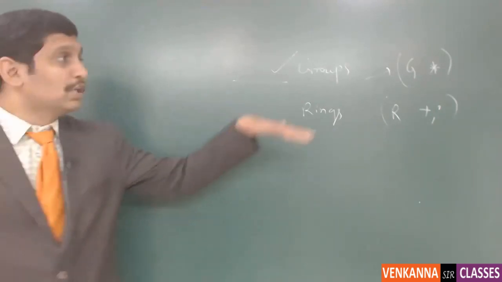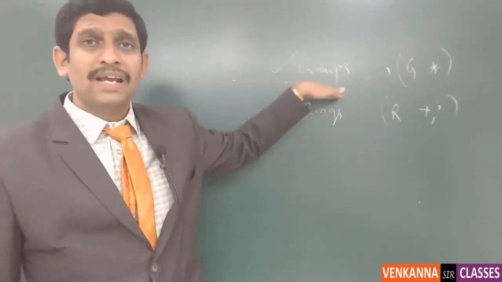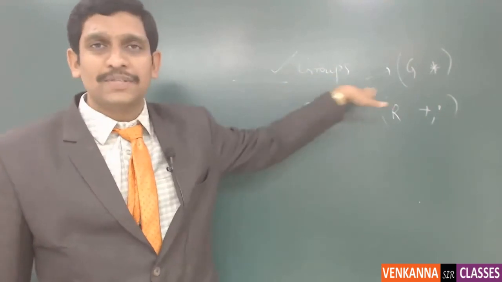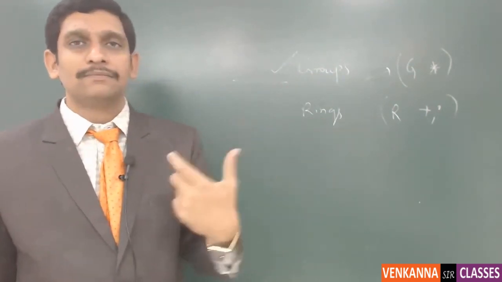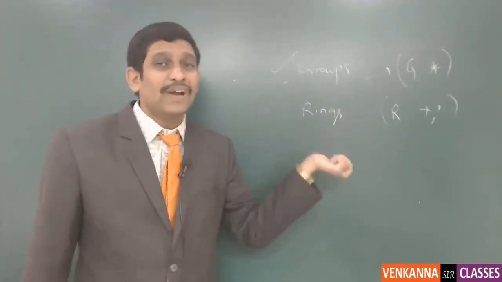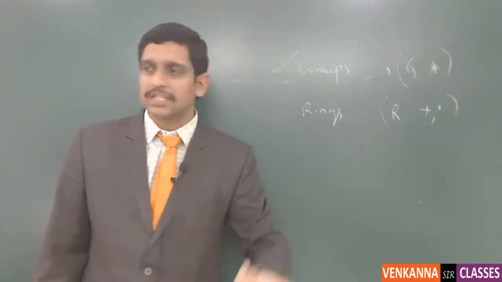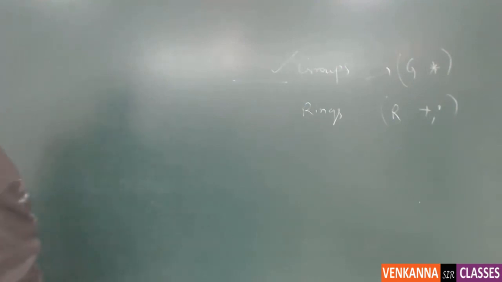Initially, groups take much time because they involve so many concepts. Once you finish groups, rings is very short because you are rechecking the same concepts with another operation. That's all. Okay? Does it sound good to you?